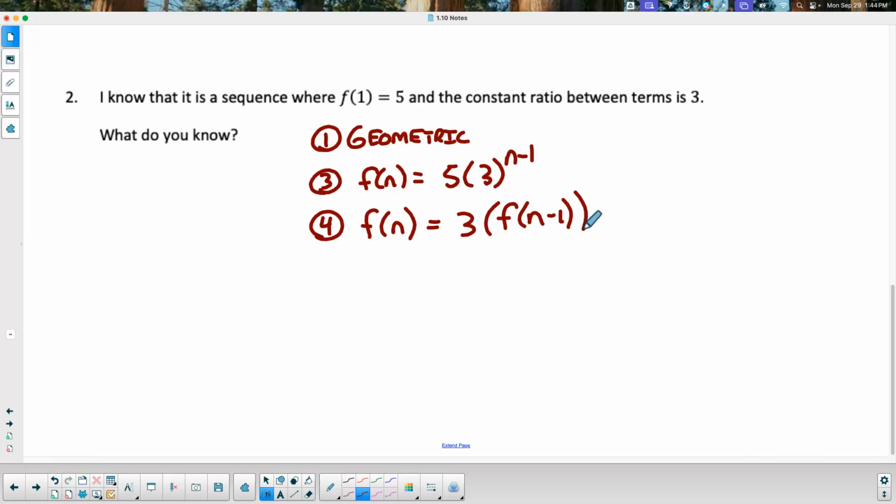So just the letters. If this is f of n, how do I say that one? 3 times what? Anybody, help her out. F of n minus 1. Okay? Agree with me on that one?